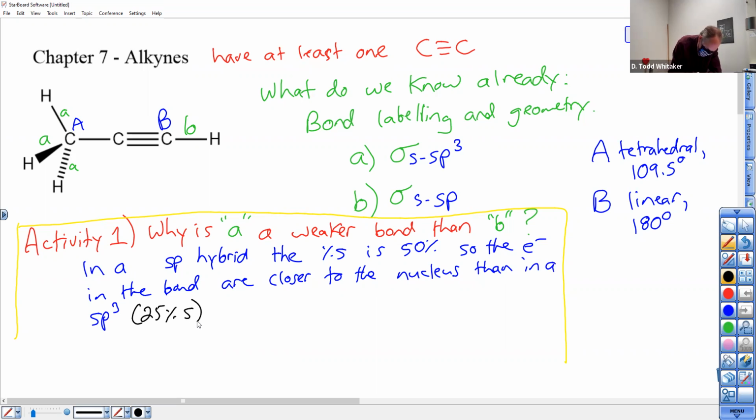And I think that's a sufficient answer, because S is closer to the nucleus than P. Higher percent S, closer to the nucleus than lower percent S. That's it. And I don't even think that's a new item. It was discussed a long time ago, around test 1. Didn't put it on test 1.